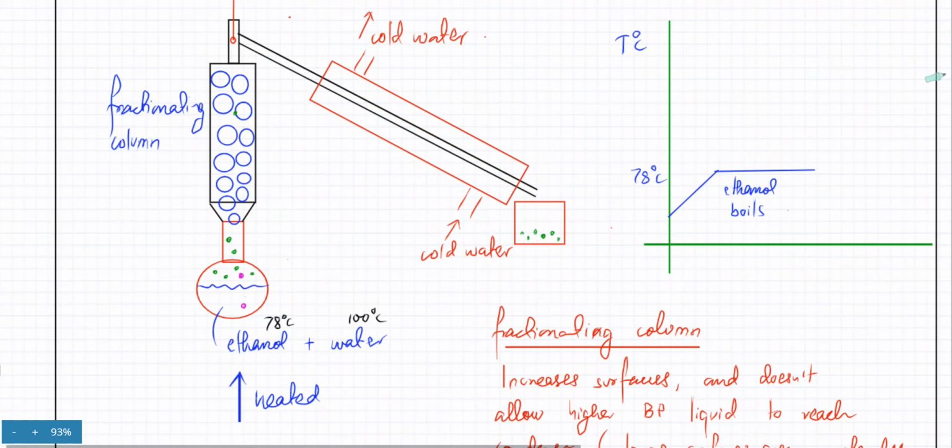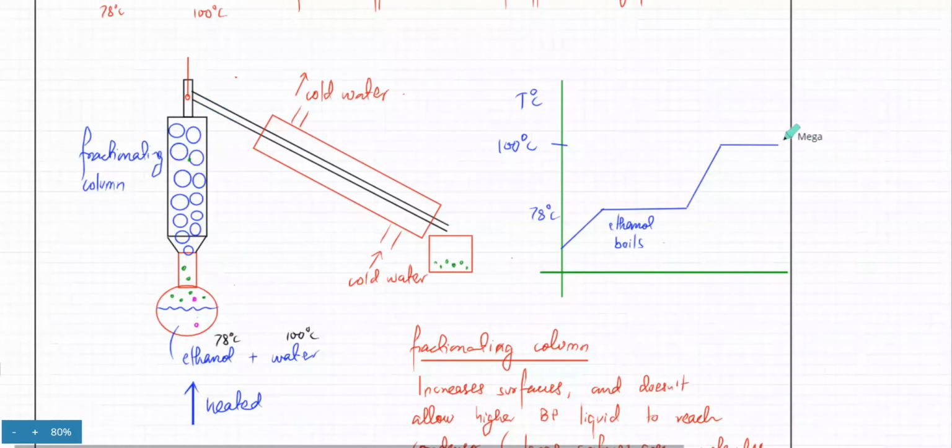The temperature would start to rise again because all the ethanol is gone, and then it would become constant again at 100 degrees centigrade, because that's when water starts to boil. As long as water is boiling, the temperature would not increase. But as soon as all of the water has boiled, the temperature would start to increase above 100. So remember, as long as a change of state is happening, the temperature pretty much remains constant.